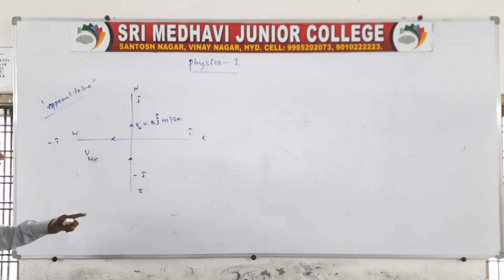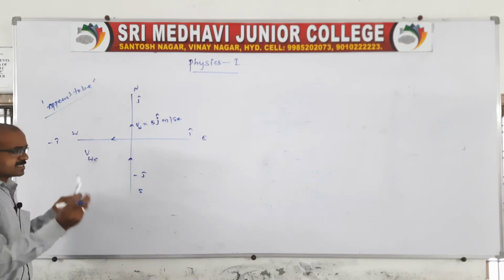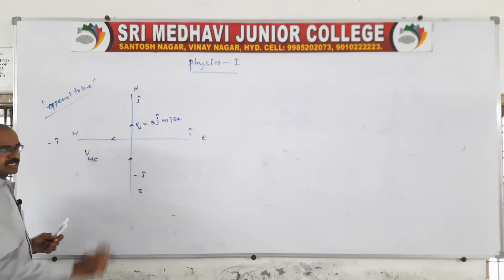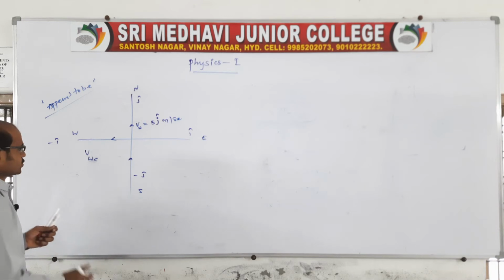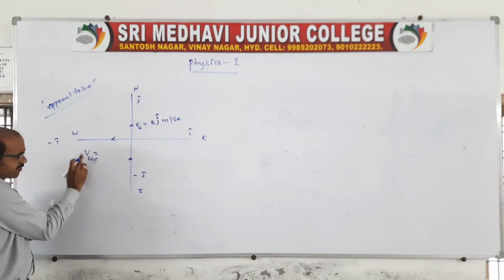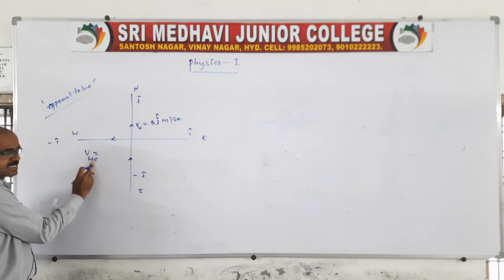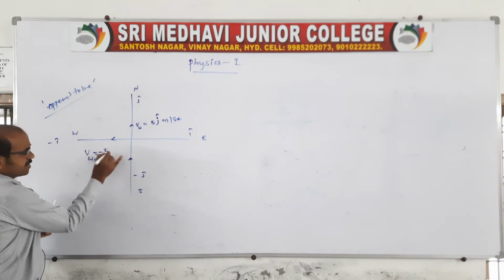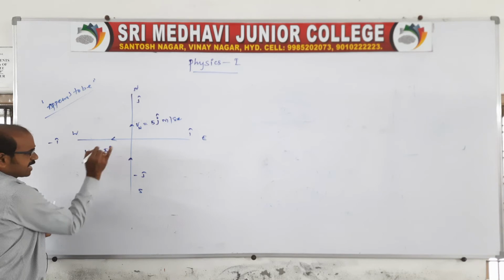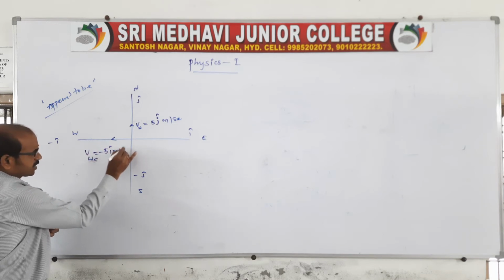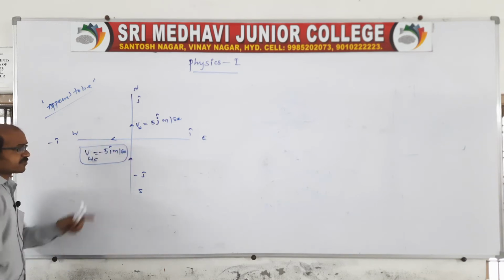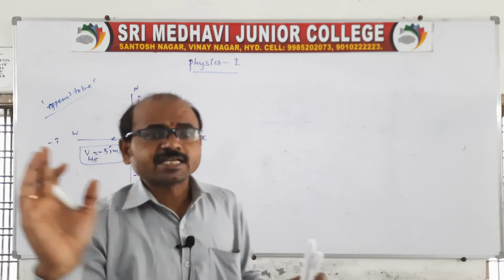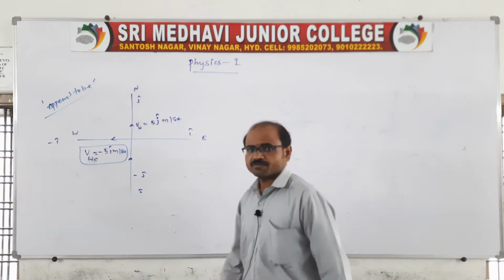The cyclist sees the wind from east to west, appearing from the east, so the wind velocity with respect to cyclist is towards the east, so we say 5 I cap meter per second. The cyclist appears to be from the east. Then find the actual velocity of the cyclist. This is the question. The question will be like this.